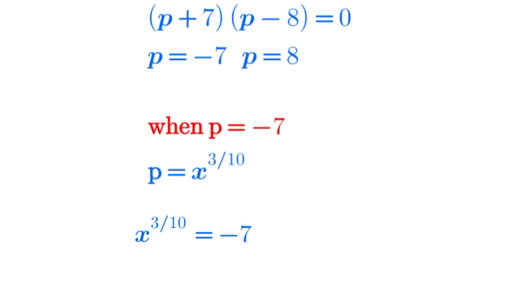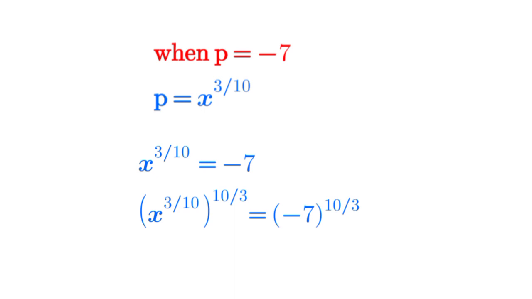Now to get our x, we are going to raise both sides by the inverse of 3/10, and the inverse of 3/10 is 10/3. So we have (x^(3/10))^(10/3) equals (-7)^(10/3).